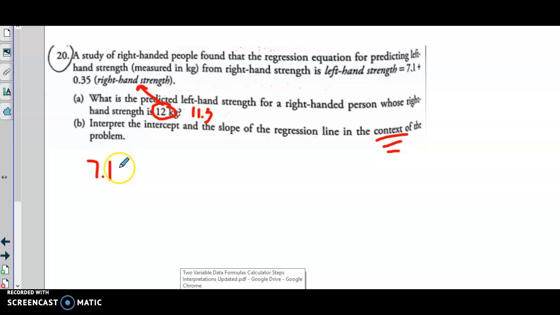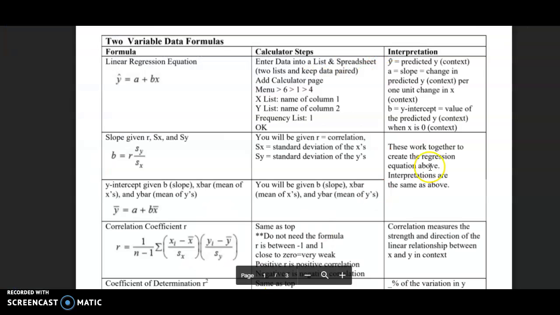A person with 0 kilograms of right-hand strength is expected or is predicted to have a left-hand strength of 7.1. So I'll say that one more time. A person with 0 kilograms of right-hand strength, again when X is 0, is expected to have 7.1 kilograms of left-hand strength. Now, if you have trouble remembering these interpretations, look at my little cheat sheet.